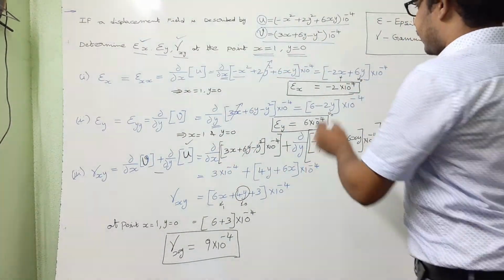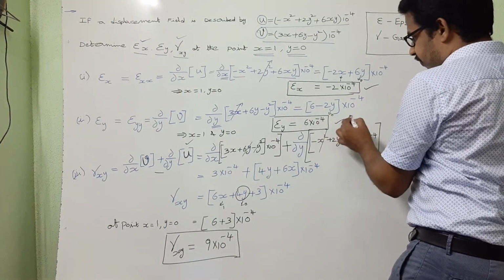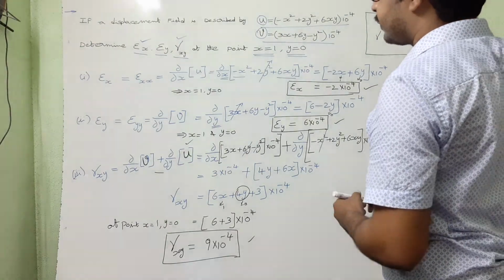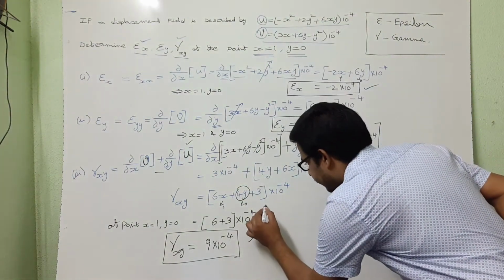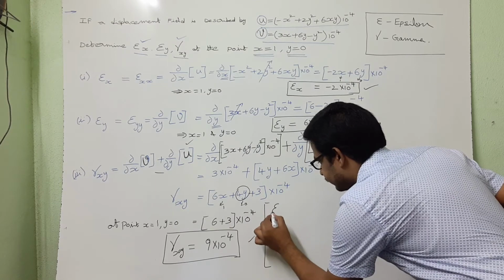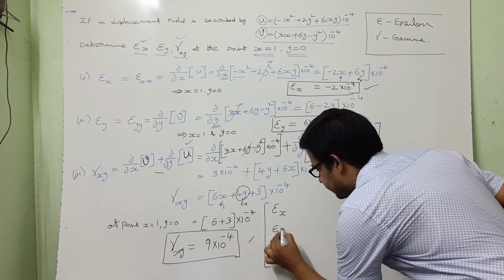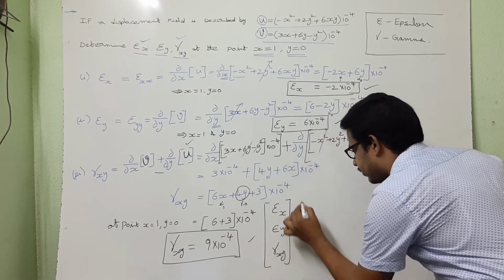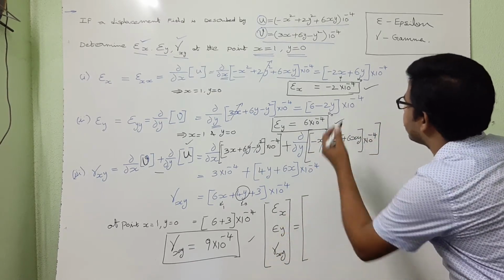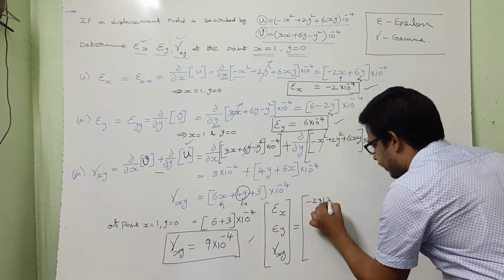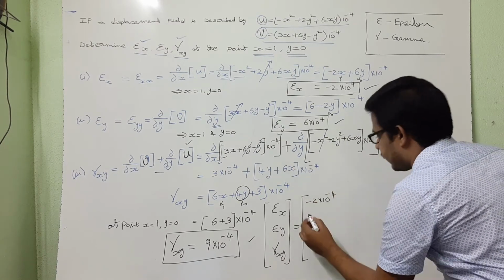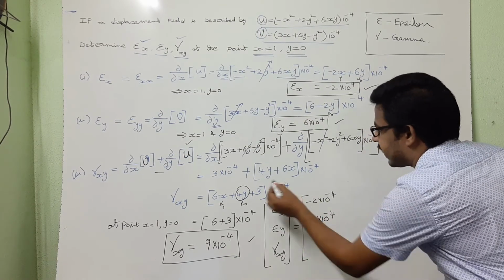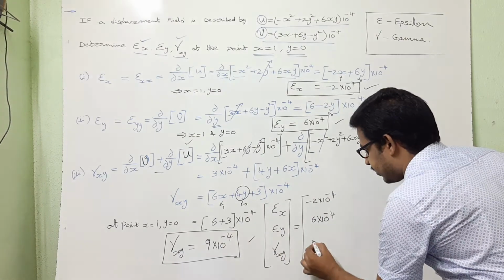So here these are the three final values: epsilon x value minus 2 into 10 power minus 4, epsilon y value 6 into 10 power minus 4, gamma xy value 9 into 10 power minus 4.